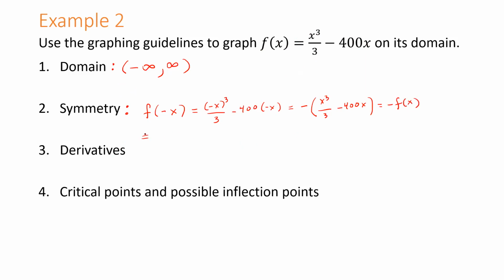So that means we have odd symmetry here, which means it's symmetric with respect to the origin. In other words, it has this symmetry, sort of like this, where if I rotate it 180 degrees around the origin, we get the same graph. So we know it's this odd symmetry type of graph.